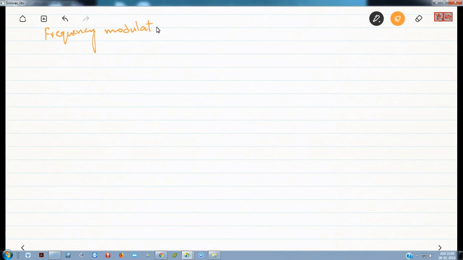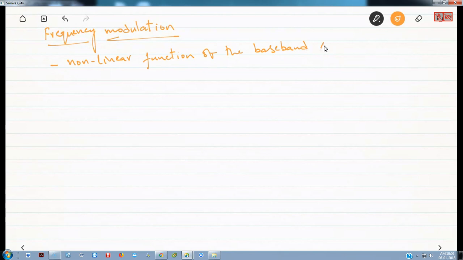Okay, so frequency modulated signal, as you can see, it's a non-linear function of the baseband signal. Why?